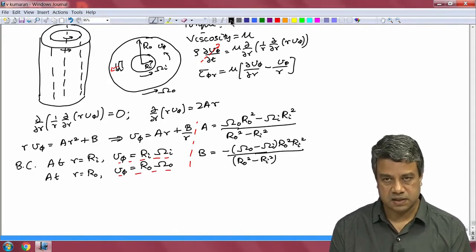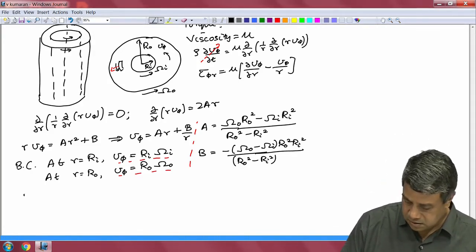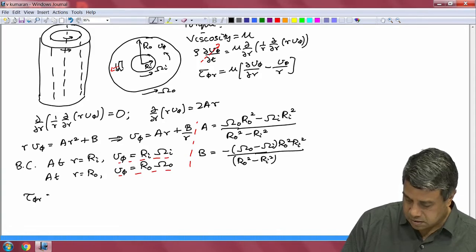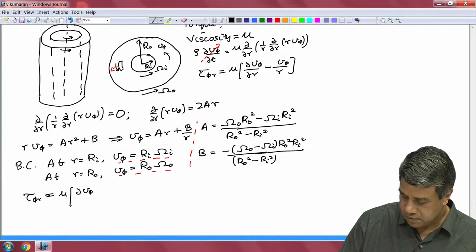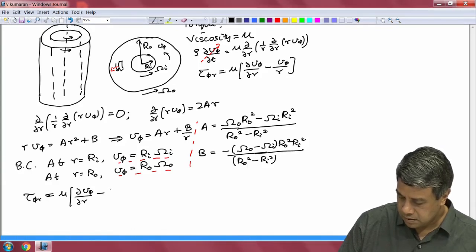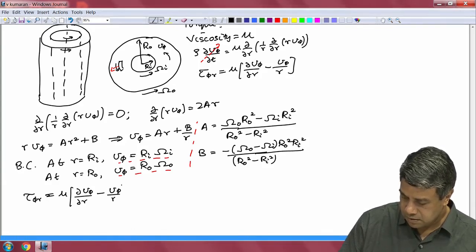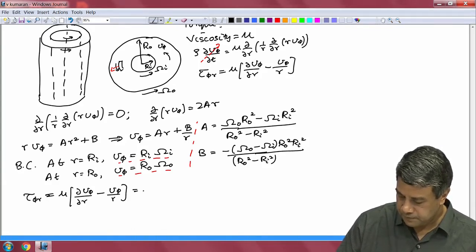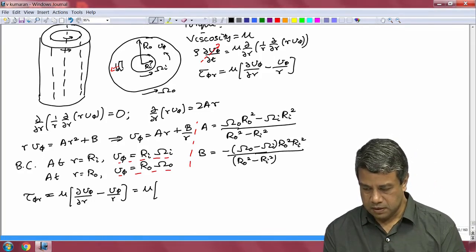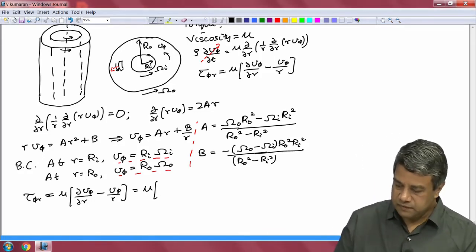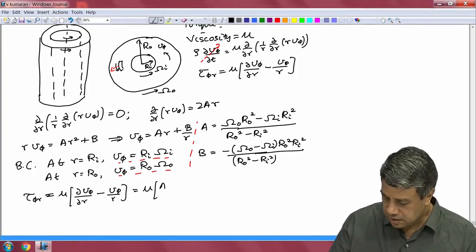What is the stress? It is equal to mu into (partial V_phi by partial r minus V_phi by r).